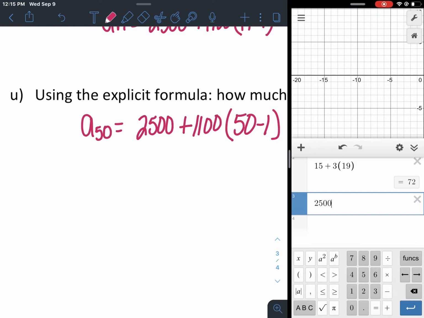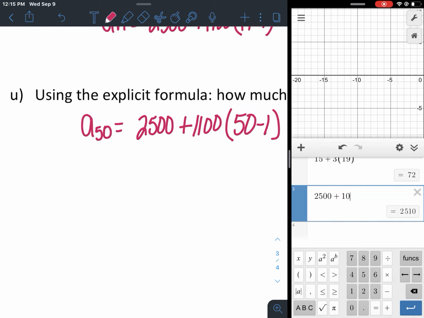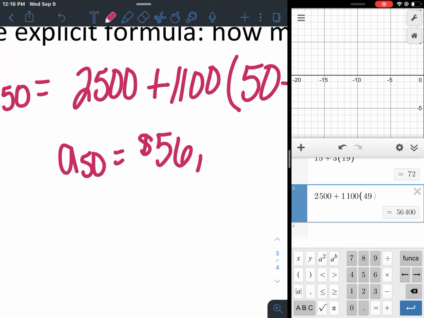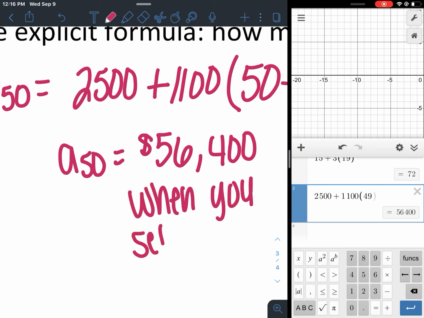Go to our calculator. Plus 1,100 times 49. So a sub 50 equals $56,400 when you sell 50 homes.